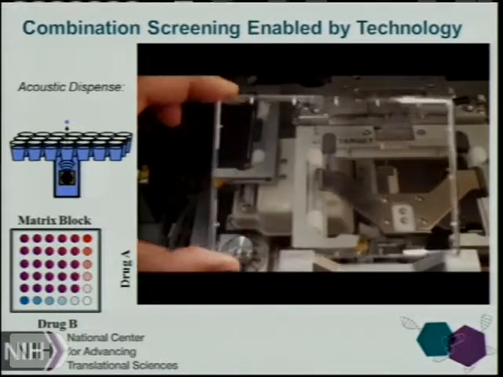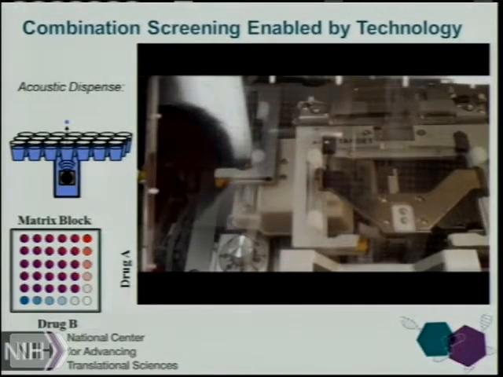And I hope you can see the spotting here, which in the real case of matrix or combination screening would represent the two agents at particular molarities. And we can customize this range versus that range to be different depending on the single agent potency. And we can do this on the time span of, say, 2-3 days.